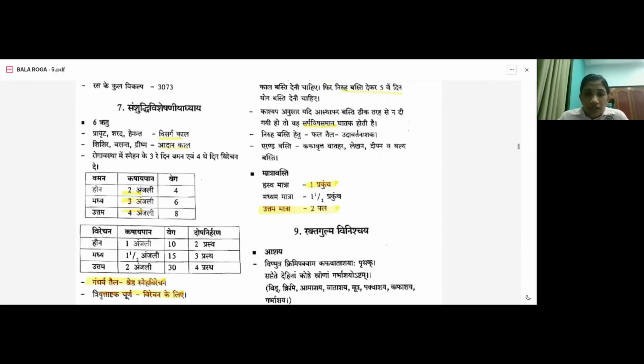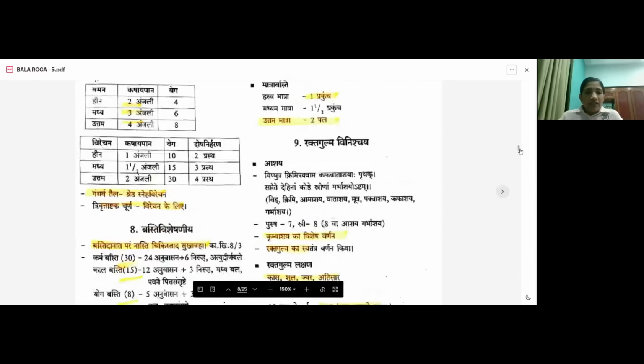And according to the Kashayapana, in case of Hina Vamana it is in quantity of 2 Anjali, in Madhyama 3 Anjali, and in Uttama 4 Anjali. You have to remember the Vega and also the quantity of the Kashayapana. We will discuss this in the portion of Panchakarma, that is, in the next class. I will provide the specific code for it at that time.